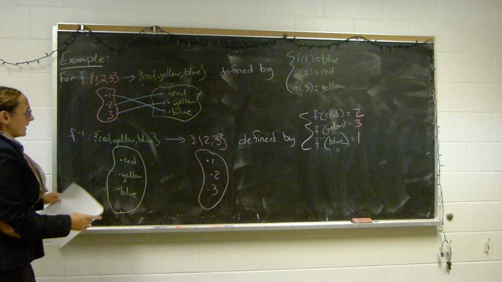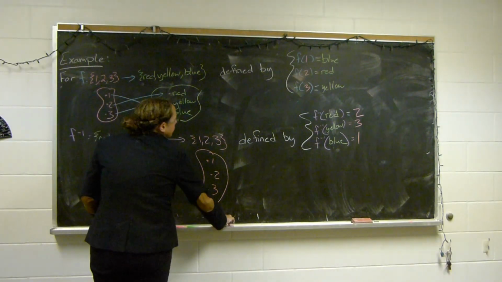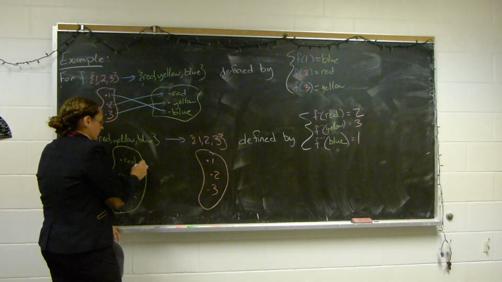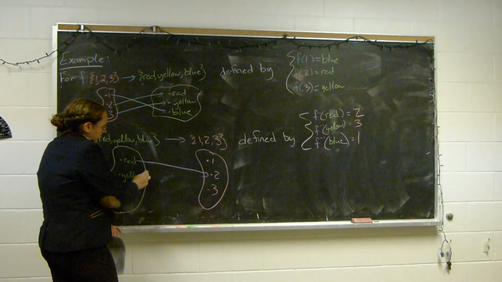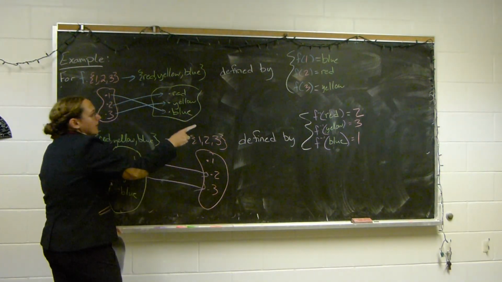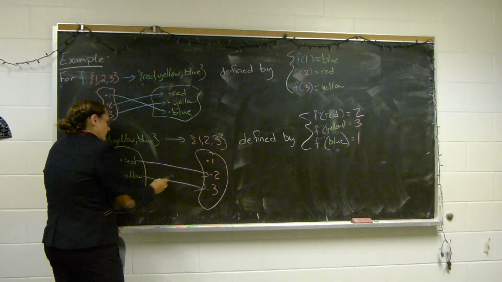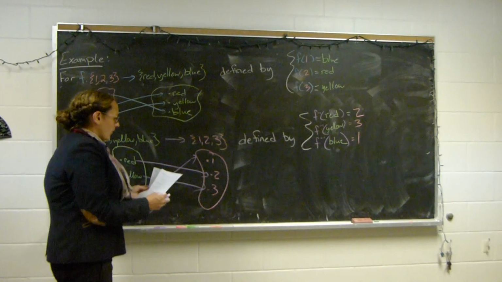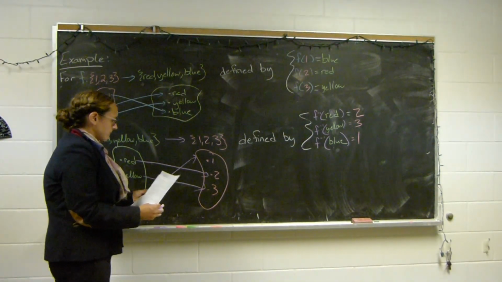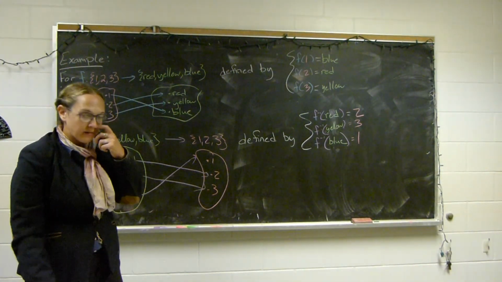Okay, and then I can look at this with purple, so it tells me that red goes to 2, yellow goes to 3, blue goes to 1. Et voila, I'm done. Okay. And that was everything I wanted to do with this.